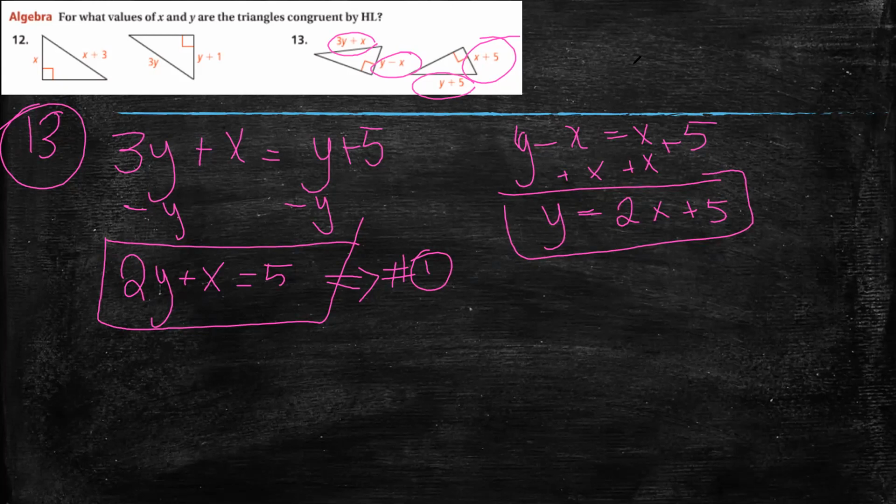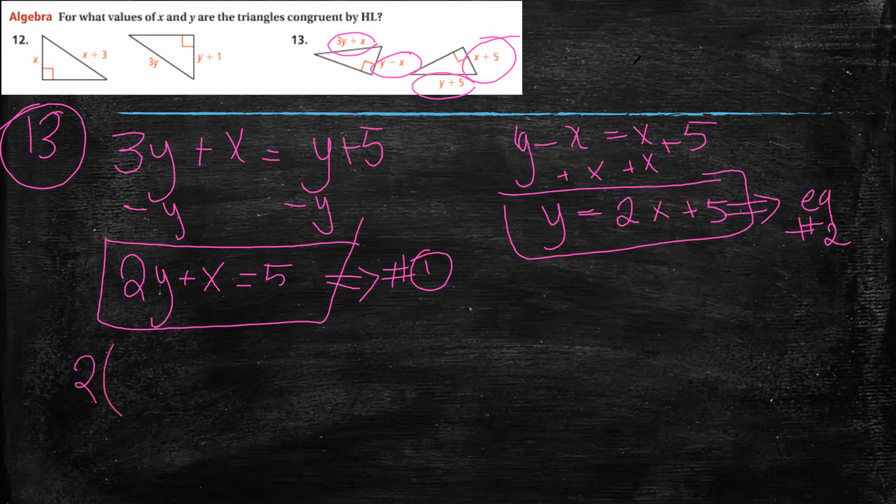Okay. So in this one here, I said that if the two hypotenuses are equal and the two legs are equal, so y now will be 2x plus 5, and this will be equation number 2. And as I told you, 2y plus x equals 5, and y is equal to 2x plus 5.